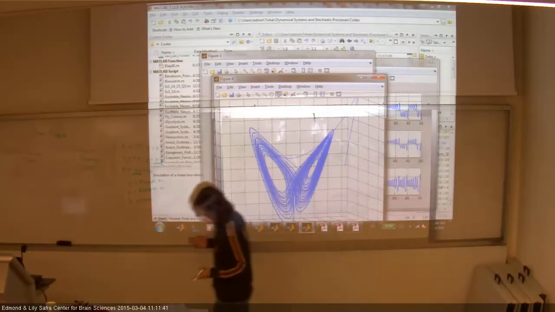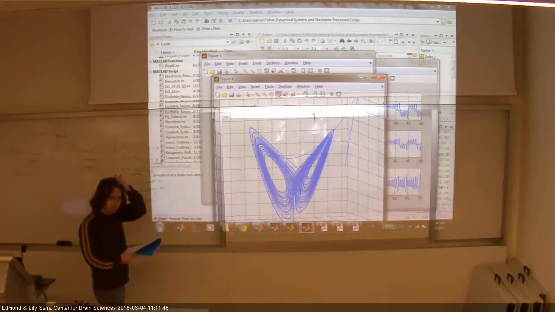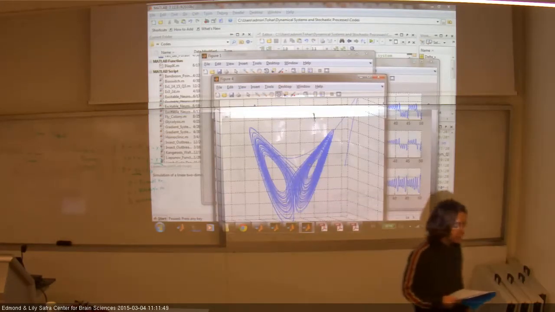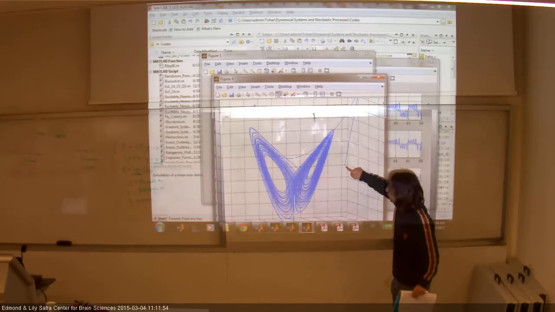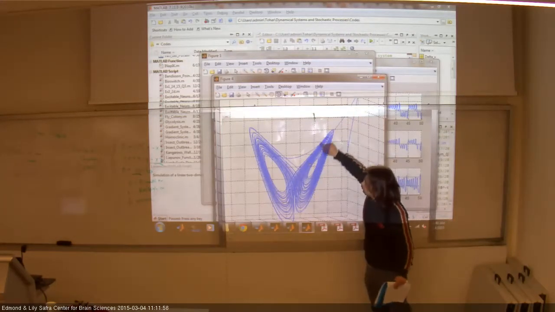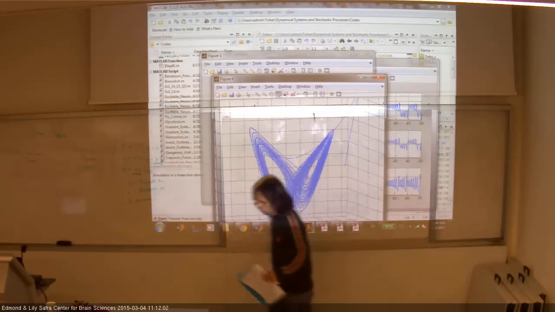And what is this? So, yes? Yeah, exactly. So what you have here is right. You see this initial condition. The system started, and after a transient period, it settled into one of these wings.